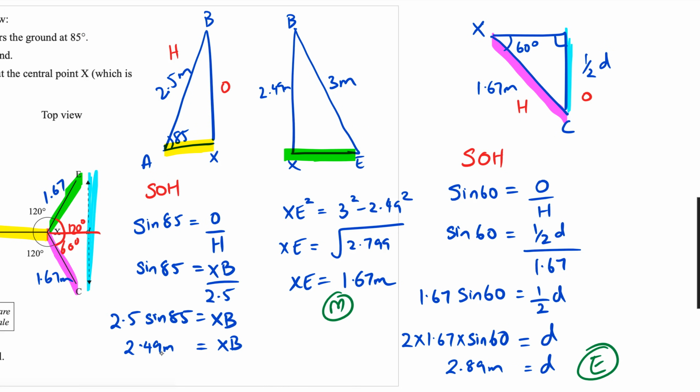So 1.67, so you probably need that and that. 1.45, where's that? Oh, 1.45 is the other one. Okay, yep. So you could have potentially found this one here as well to get a second thing as merit. For achieved, you just needed to find one of the distances. So achieved is basically finding this or this or this. I think if you're getting up to this point here, you're probably going to get a merit anyway.